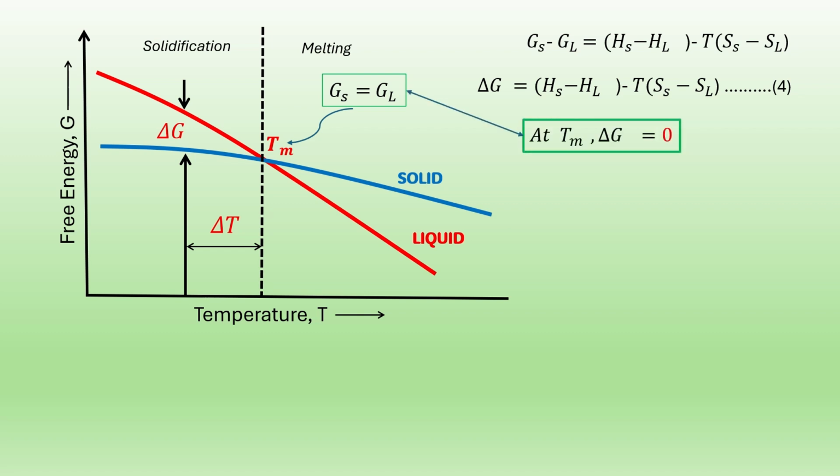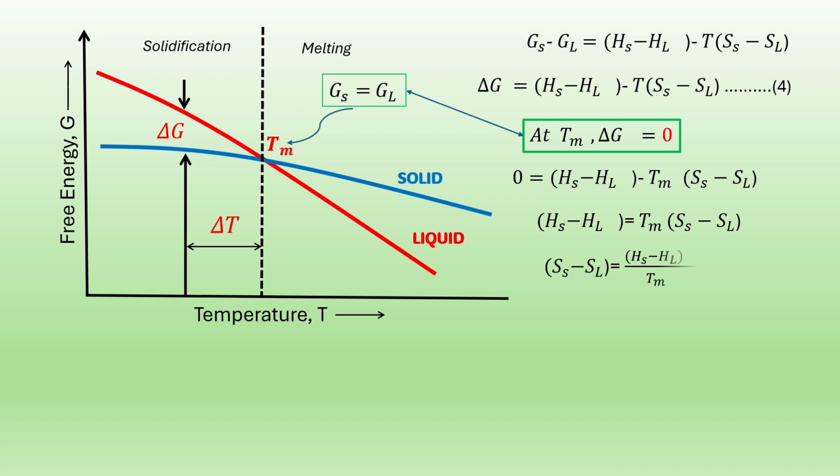Thus, at the melting point temperature Tm, the free energy of solid is equal to the free energy of liquid, which means delta G is 0. Putting delta G equal to 0 in equation 4 and rearranging the terms, we have equation 5, which relates change in entropy to the change in enthalpy and melting point temperature.